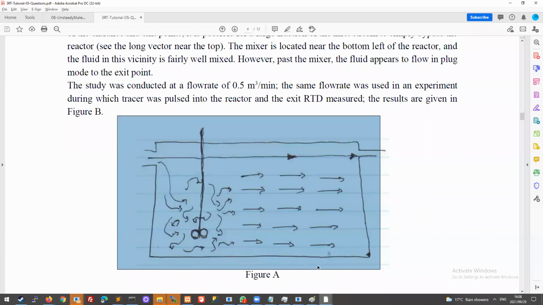Okay, would anyone like to share their thinking on how to draw this?